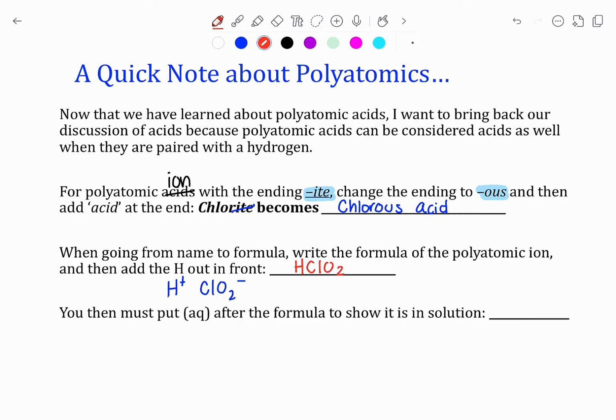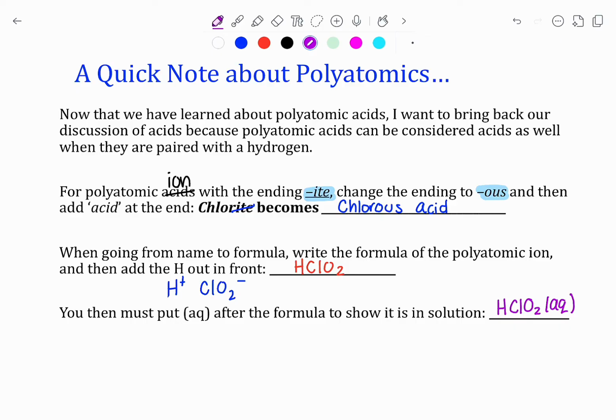And again, we have to go one step further and write that with the AQ notation to show that it's an acid, because it only becomes an acid when it's dissolved in water. So our full formula for chlorous acid would be HClO2(AQ).